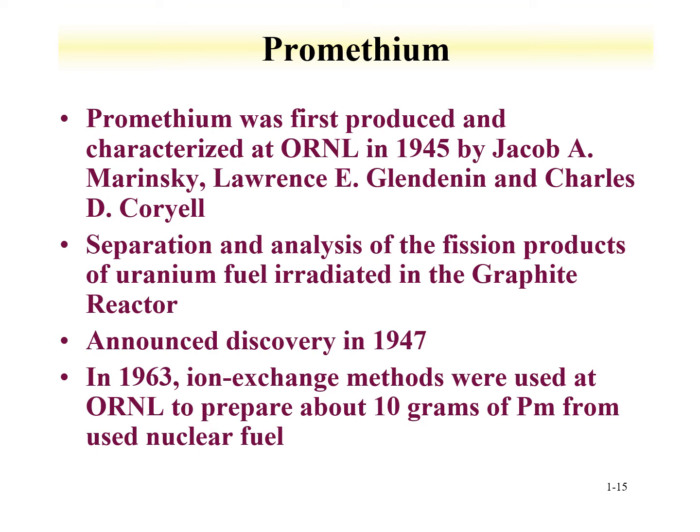From this one could understand some of the expected properties of promethium. It was separated, and the analysis of fission products of uranium fuel irradiated in the graphite reactor at Oak Ridge showed the presence of this element. It was announced in 1947, 2 years after the discovery. And in 1963, they made about 10 grams of promethium from used nuclear fuel, so a large amount that one could do real chemical studies on.